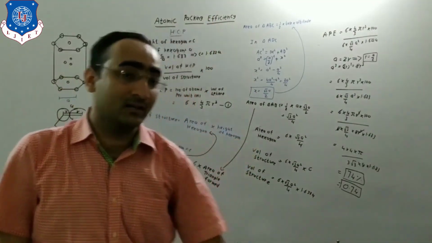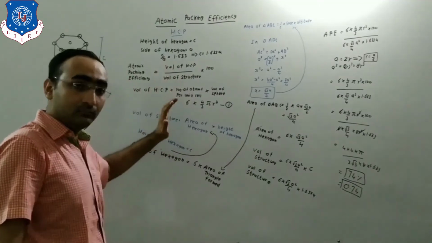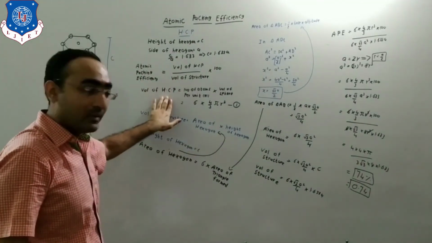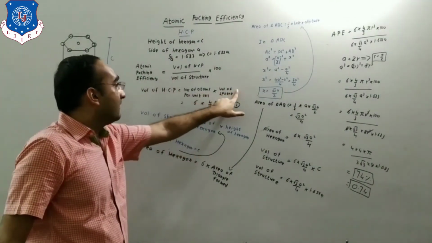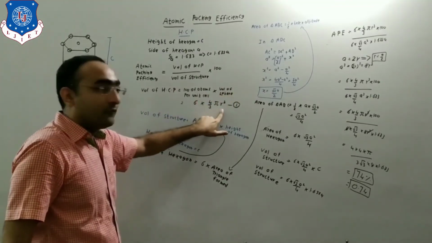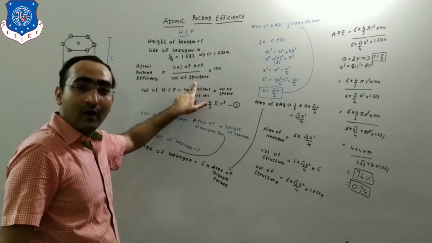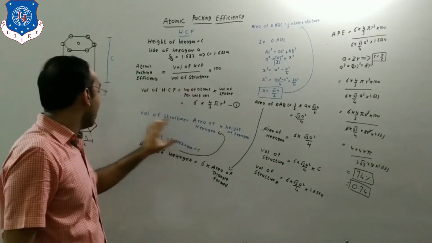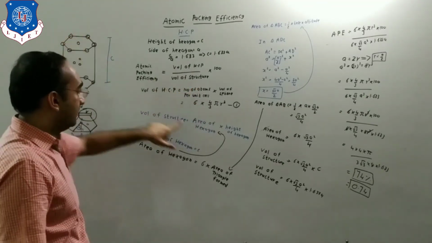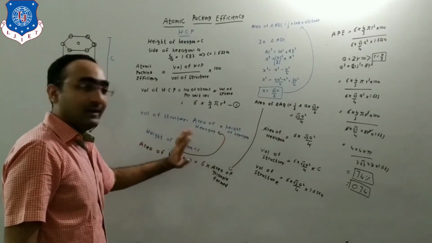Let us recall once again, because it is a typical one. What is the thing? Volume of HCP, number of atoms per unit cell, volume of the sphere: 6 into 4 by 3 pi r cube, that we are placing over here. Structure, how do we find it out? Structure is area of hexagon into height. What is height? c. That is okay.